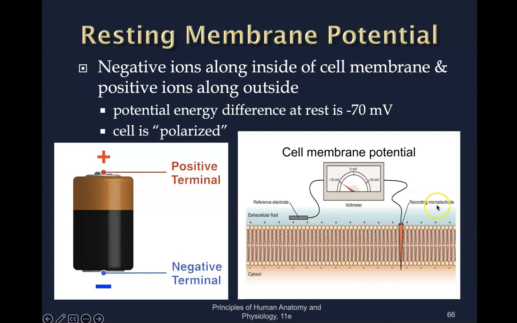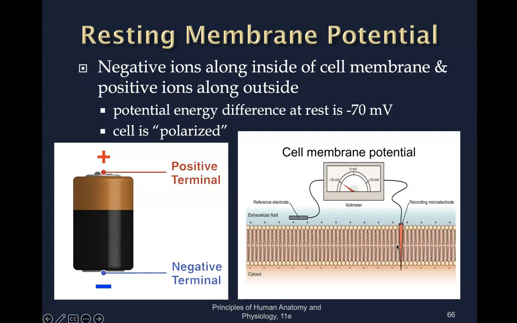It's this separation of charge across the membrane that sets up our voltage, because the voltage is that separation of charge. So you can actually measure this. They have tiny, microscopic electrodes that they can stick into a cell membrane, and they can record this voltage change across the membrane, what we call our membrane potential.